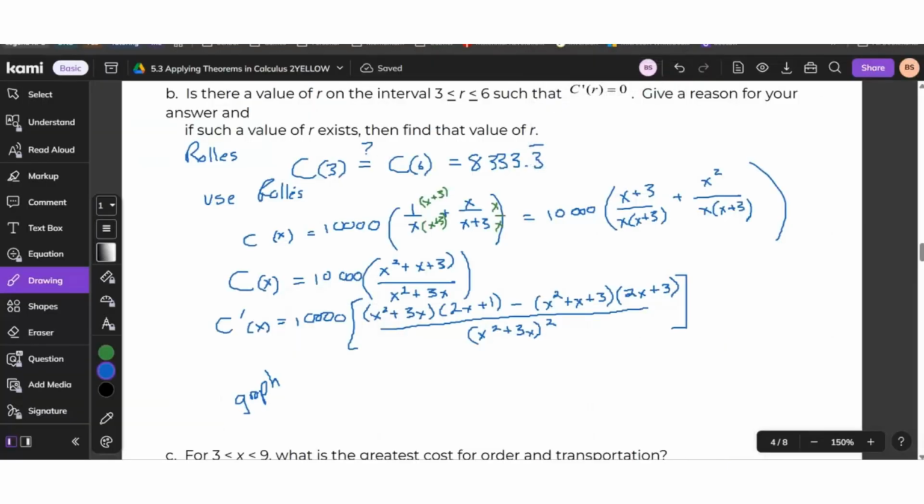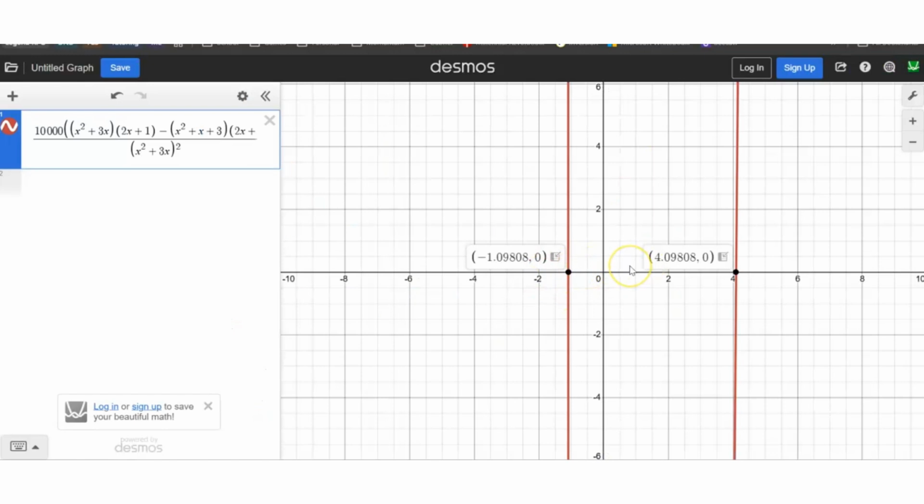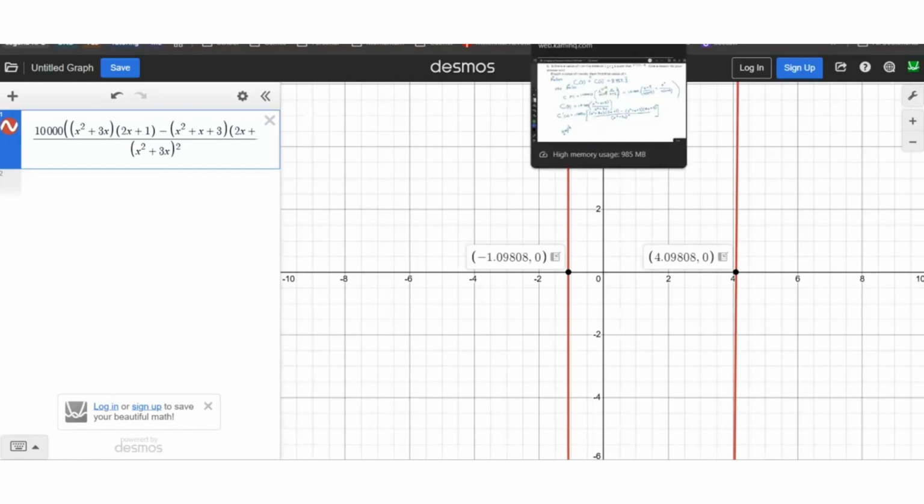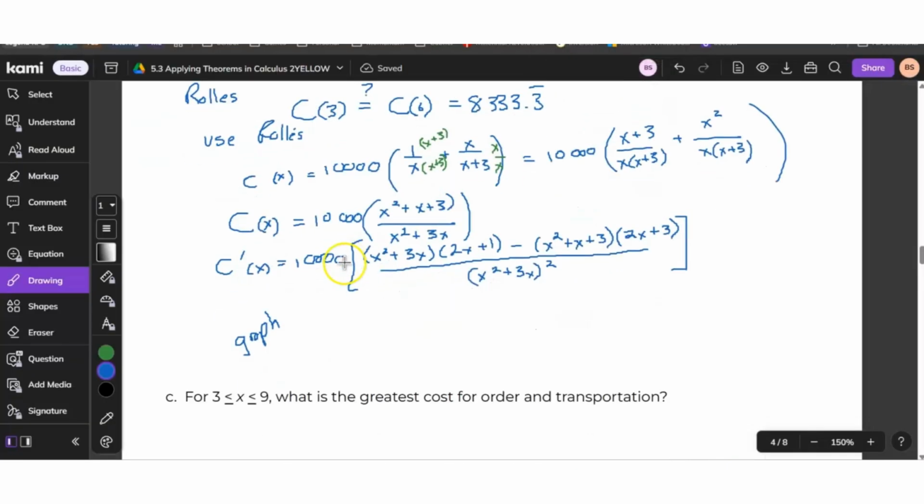So it's c prime. I guess I should write them both though. Somebody write those down for me and then we'll show that one of them doesn't make sense. c prime of 4, but write those both down for me. Okay, so here we got that x was equal to negative 1.098 or 4.098.